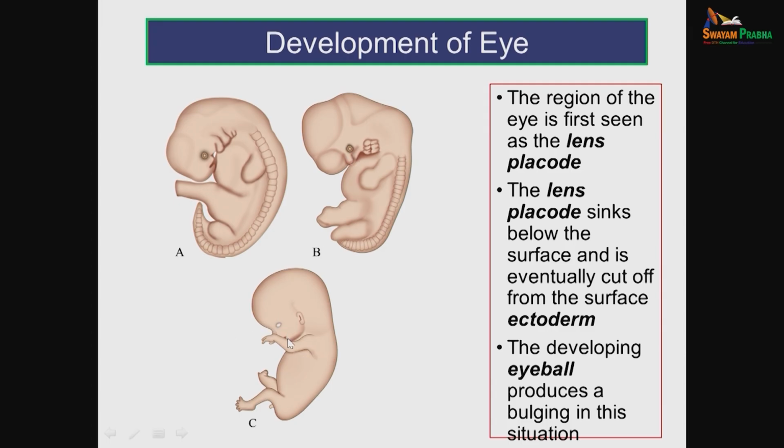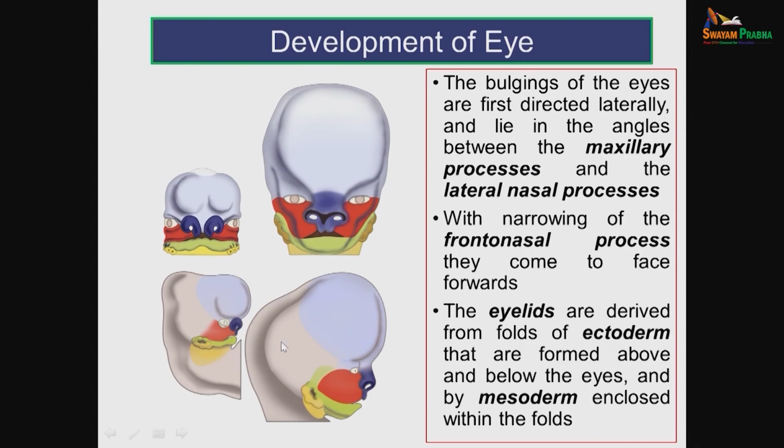The developing eyeball will produce a bulging in this situation. The bulging eyes are initially directed laterally. They lie in the angle between the maxillary process and the lateral nasal process. This is the angle I am pointing out, the angle between the lateral nasal process and the maxillary process.